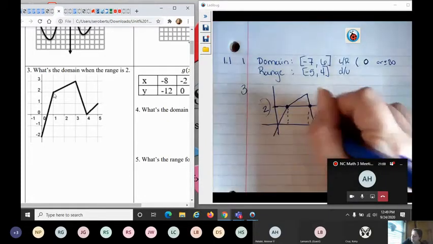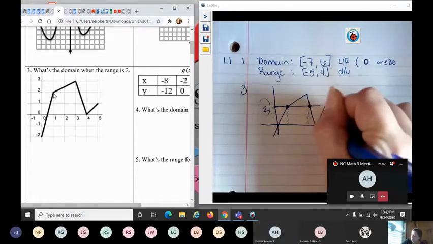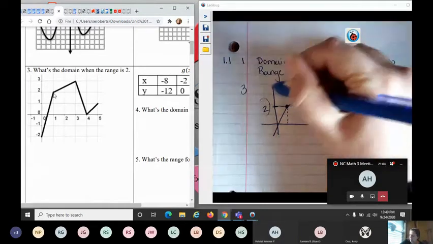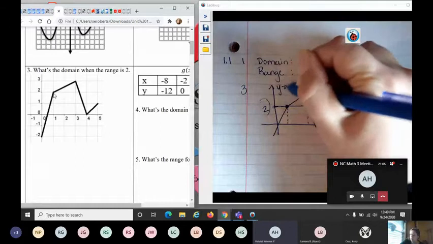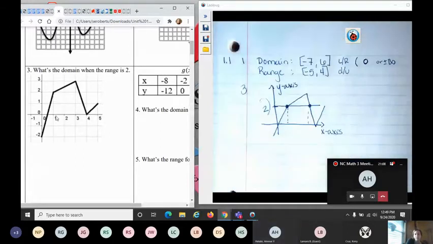Remember our x-axis is down here and our y-axis is up here. So what x value corresponds to this y value right here? What value do you think? On the x-axis, what value on the x-axis corresponds to that point right there?